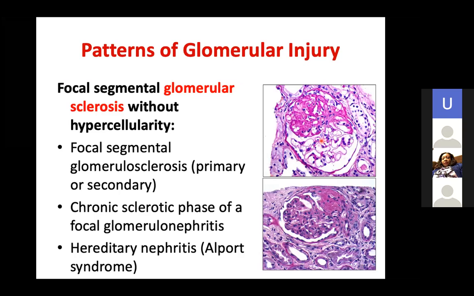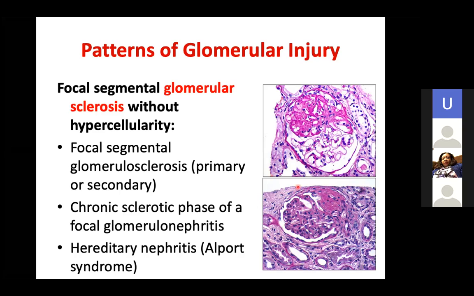Similarly, there could be segmental lesions. This is the whole glomerulus and part of it is solid. At some stage it is having only matrix. So this is a segmental sclerosis, segmental of the whole glomerulus. Depending upon how many glomeruli are involved, it could be a focal segmental sclerosis or it could be a diffuse segmental sclerosis.